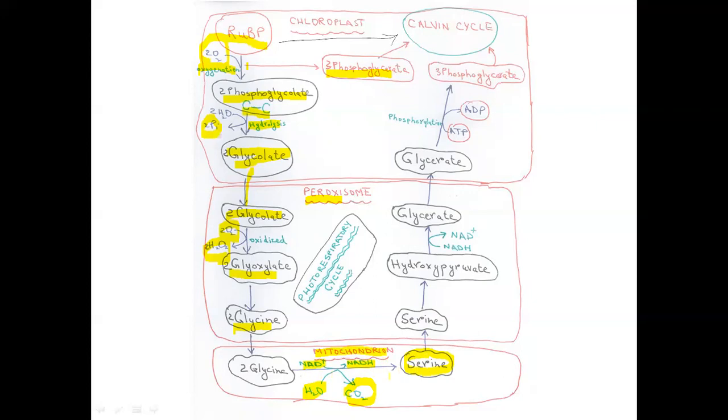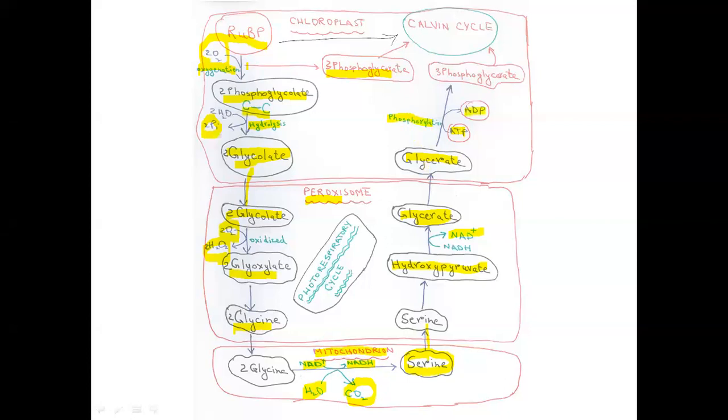So then the serine is transported back to the peroxisomes. Serine will synthesize hydroxypyruvate. Hydroxypyruvate will react with NADH and will release NAD plus, and glycerate will be synthesized. Glycerate will be transported from peroxisomes to chloroplast, and in the presence of ATP, this is the phosphorylation step, addition of phosphate group will occur.